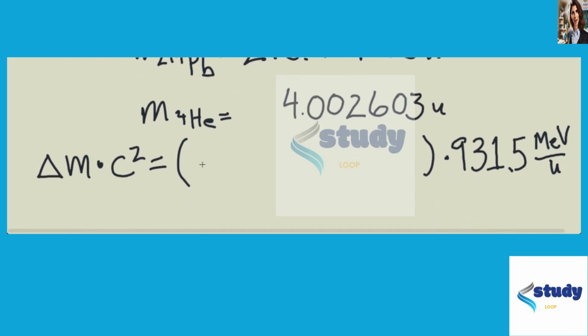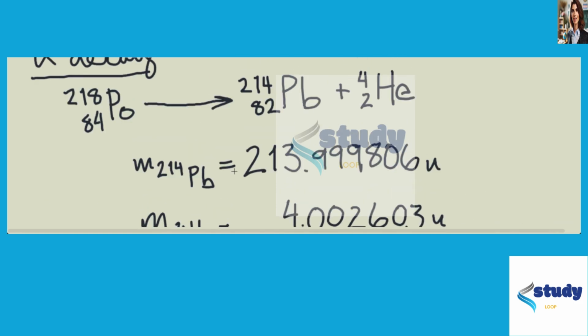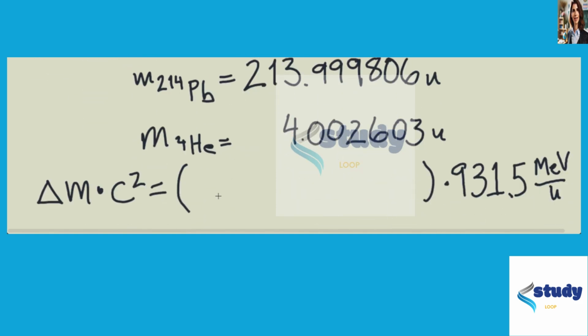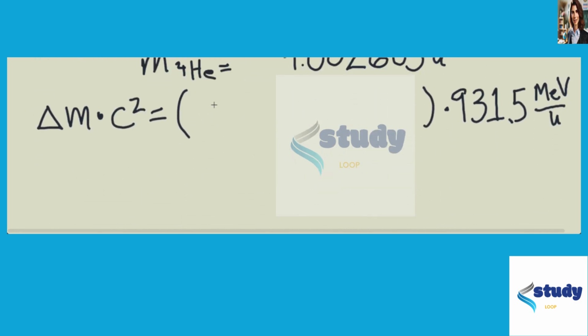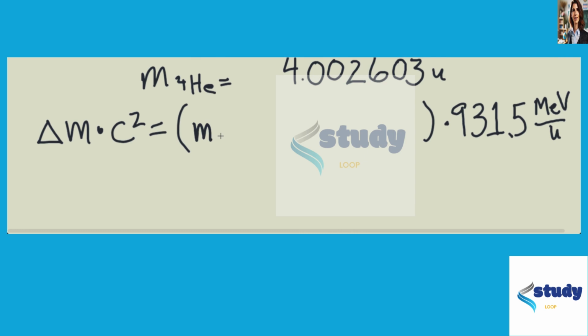Writing that out, I've looked these up here in Appendix B, and we have our atomic mass of polonium 218 up here in terms of atomic mass units. So symbolically, that difference will look as follows. 218 polonium.